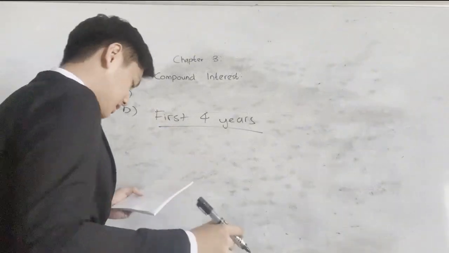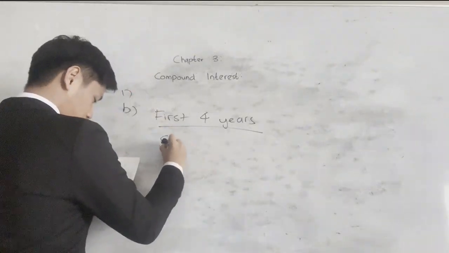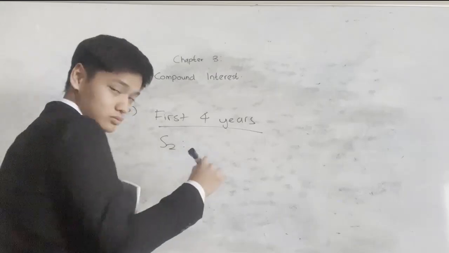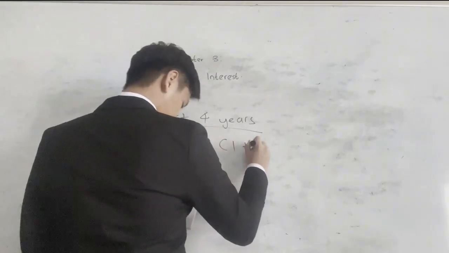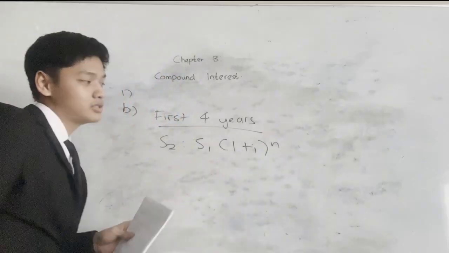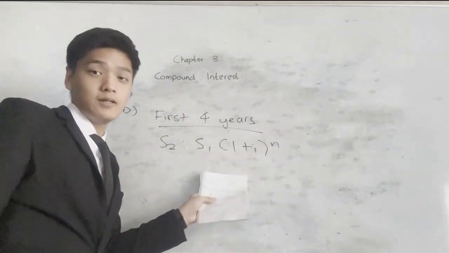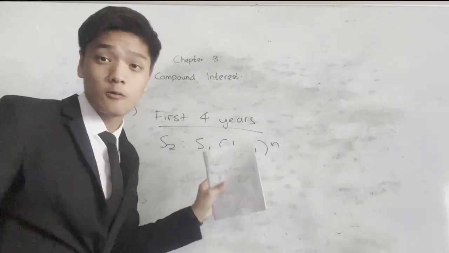And then we're going to put S2 equal to S1 times (1 + i)^N. This is the formula for the second one, for the first 4 years.